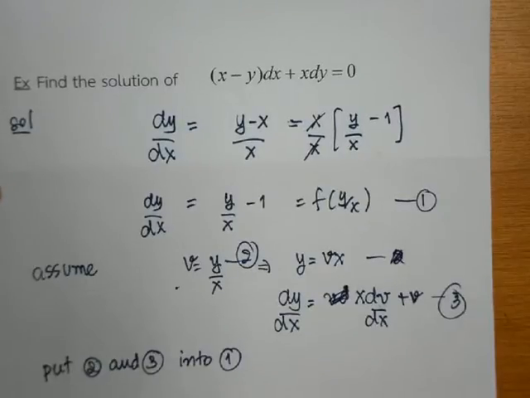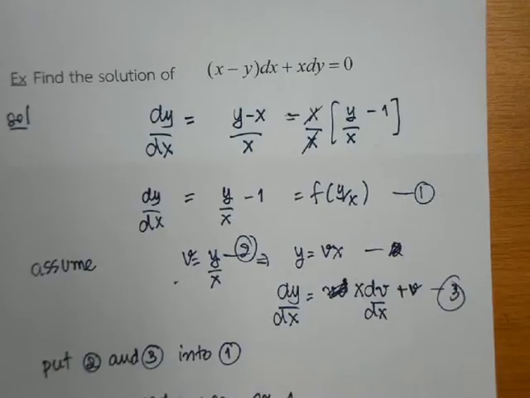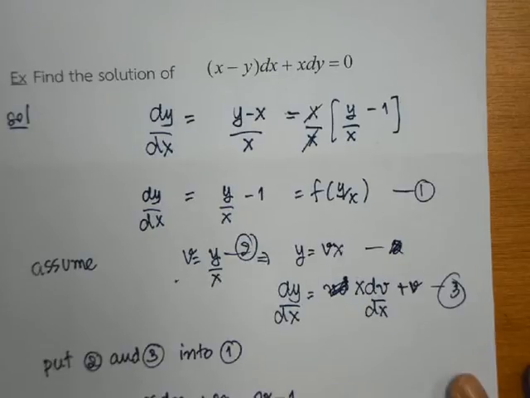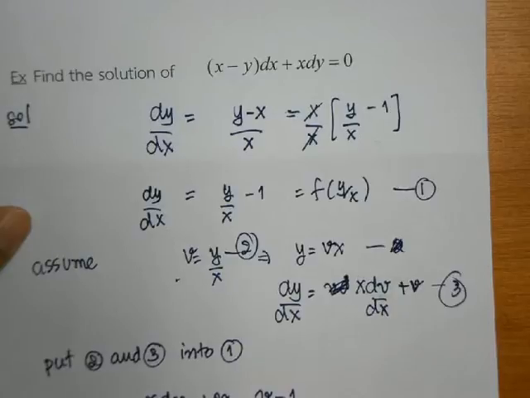Then I would get x dv by dx plus v equal to v minus 1. Now you have only v and x. v becomes our dependent variable. And then we just make the equation more simple.